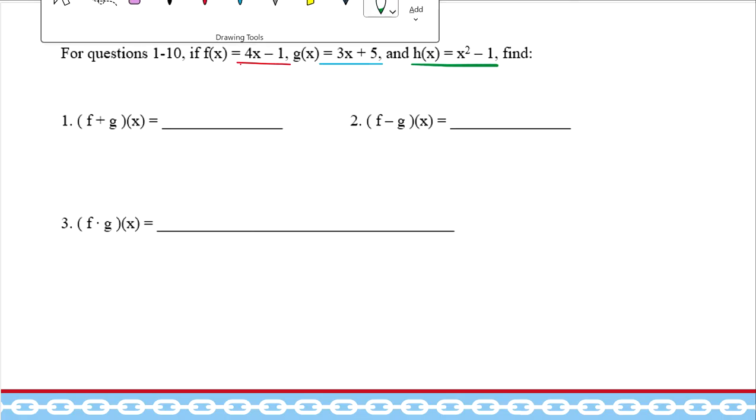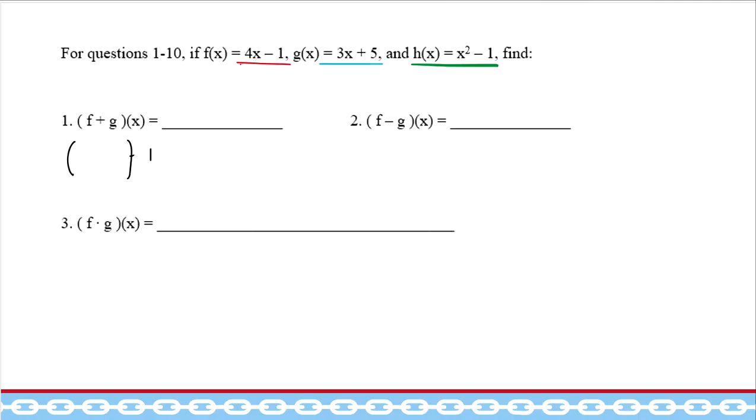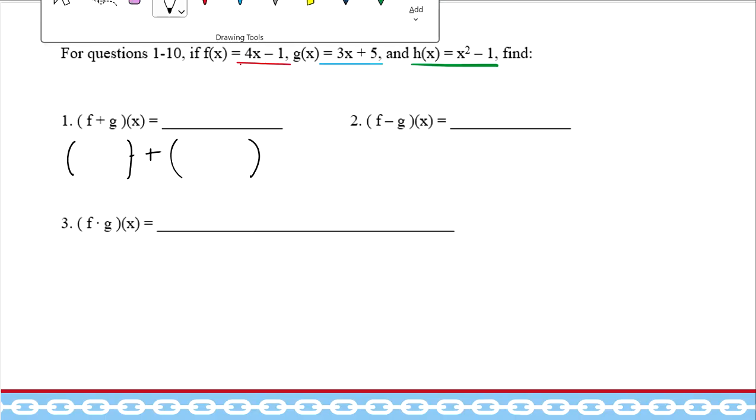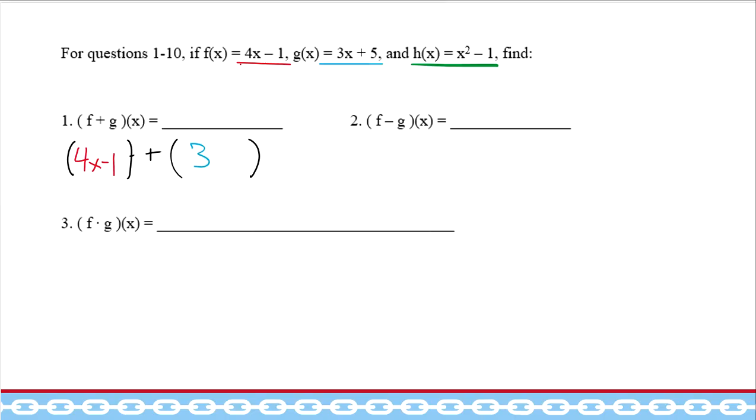So we are asked here in number 1 to add the f function to the g function. So we are going to take the f function here in red and the g function here in blue, and we are going to add them.